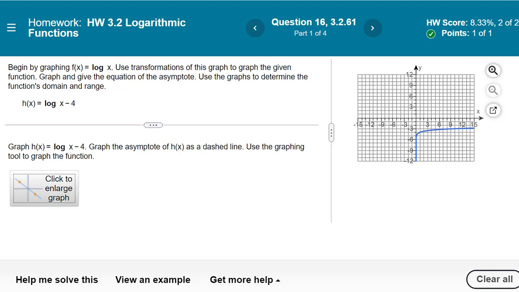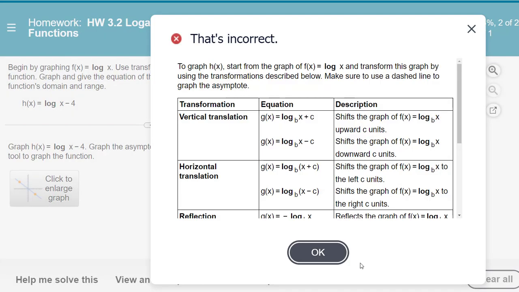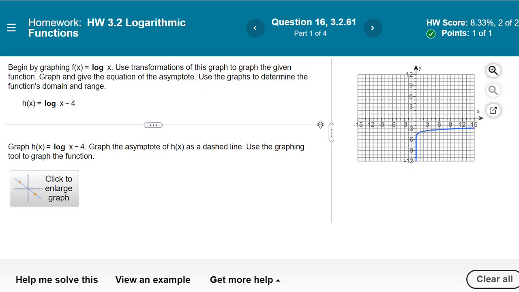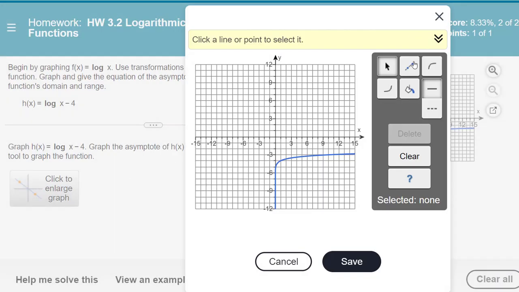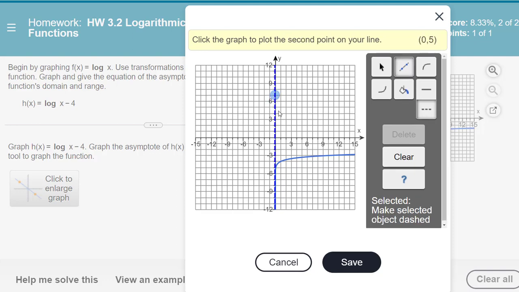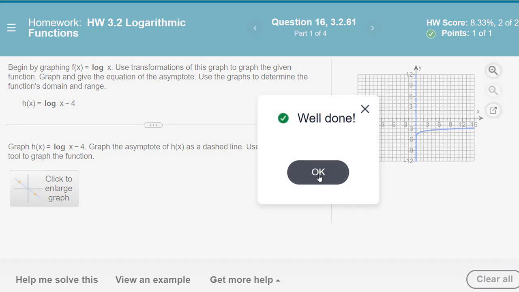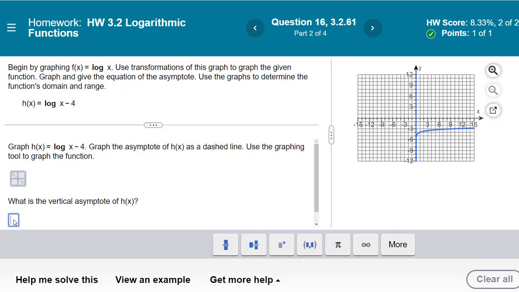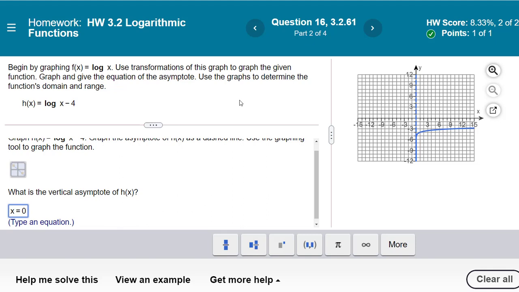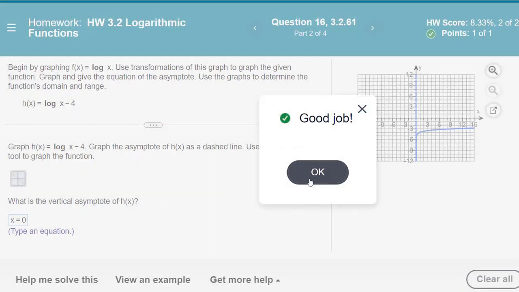Now, I'm going to miss this. Watch what happens. I forgot the asymptote, so when I check it, it's going to give me some hints, so I've got to fix that by putting in the vertical asymptote. This time, we didn't go to the left, so our vertical asymptote is the y-axis, so we just click that dotted line, a couple there, save it, and then we check our answer. So the vertical asymptote is x equals 0 because on the y-axis, x is 0 everywhere.